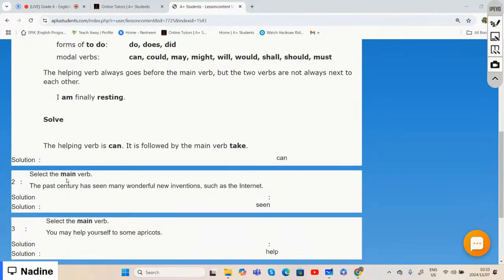All right, we need to select the main verb. The past century has seen many wonderful new inventions such as the internet. We need to select the main verb.